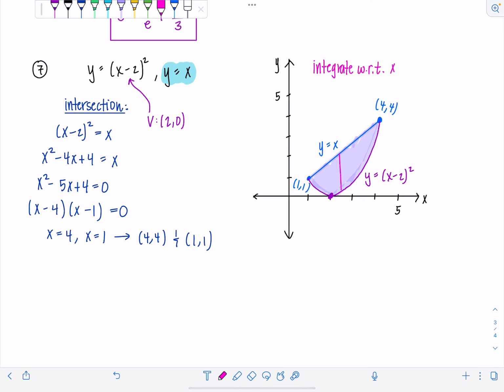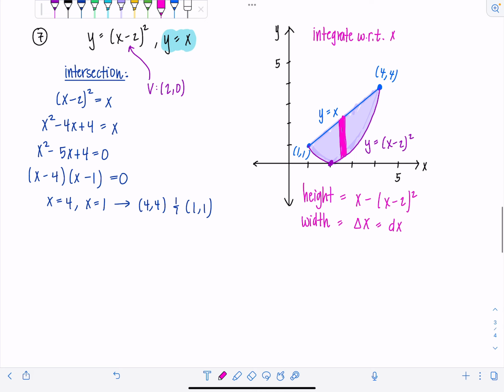And then here's our rectangle. Okay. Height, top minus bottom. So x minus 2 squared. And then the width is going to be delta x, which is dx.